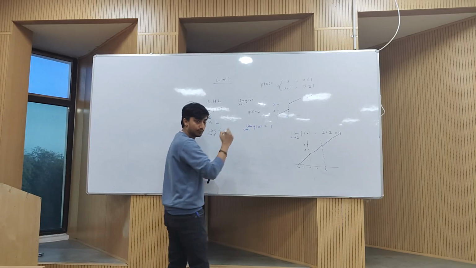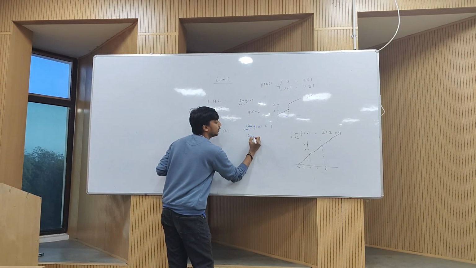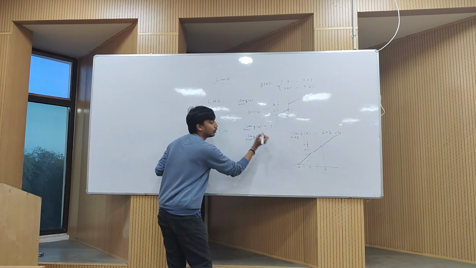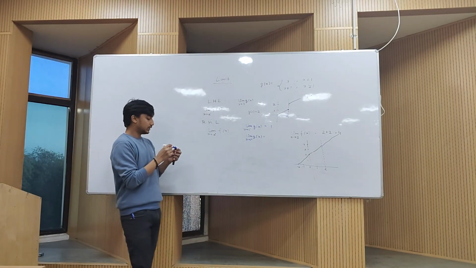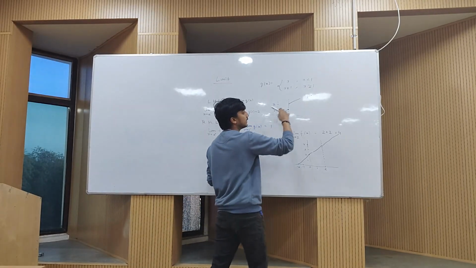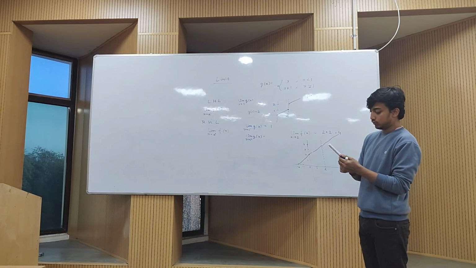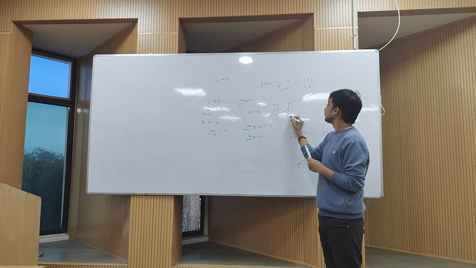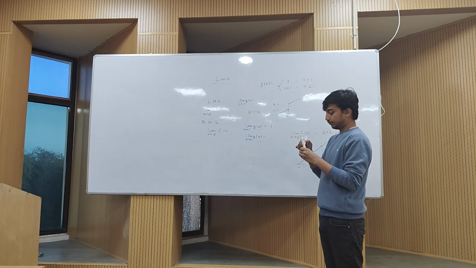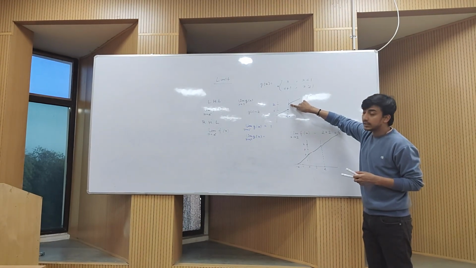And when we are moving from the right side, how is my function behaving? My function is behaving like this. As x approaches 1 from the right side, we can see the value of g is going towards this point.